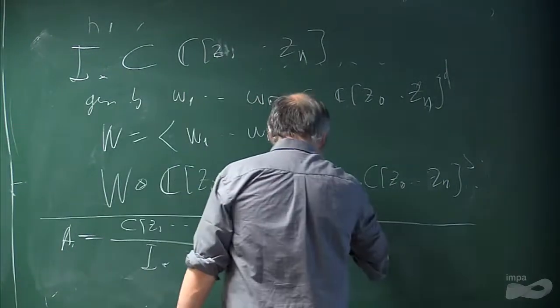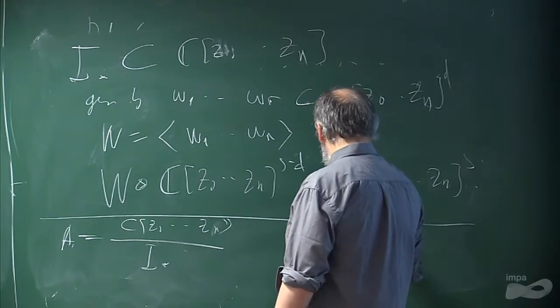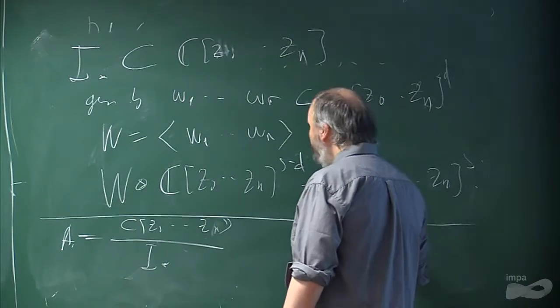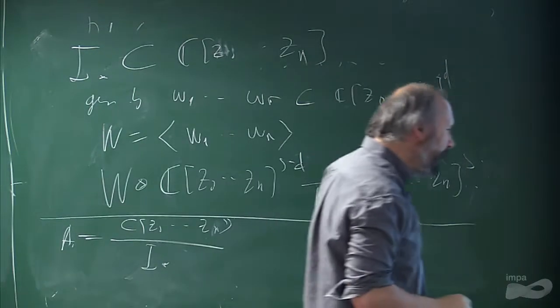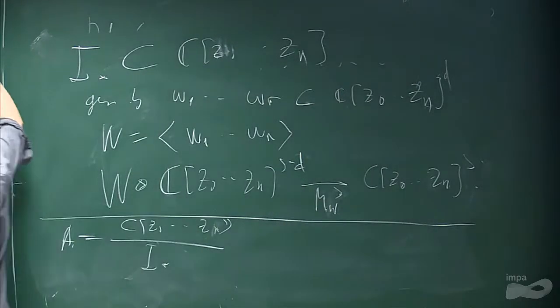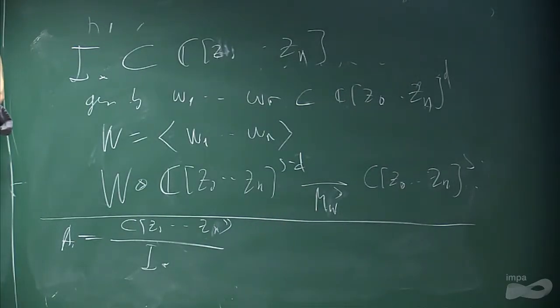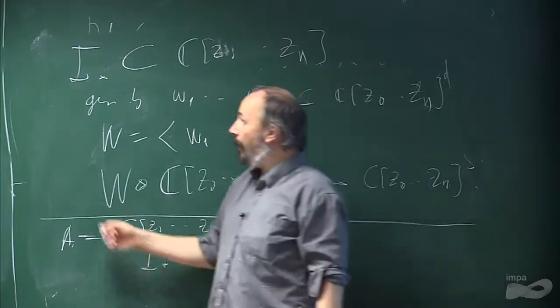So this is M of S minus the rank of MW, WS, minus rank of MWX, S. All right? Because this is the dimension of the quotient, and this has the same dimension as that.